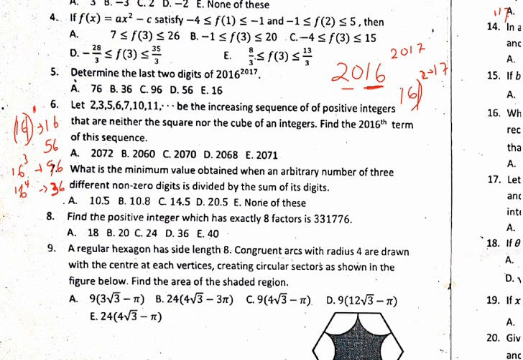Okay, now the last 2 digits are circular in nature. Powers are circular in nature. So we realize that it will be going round.